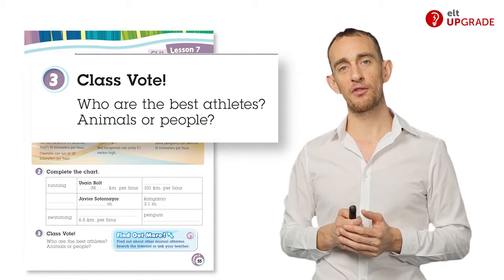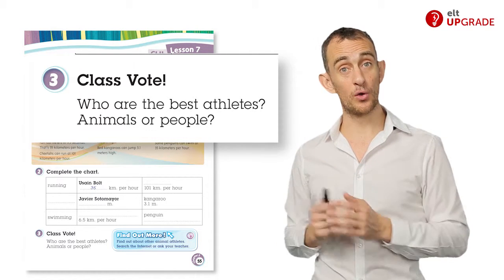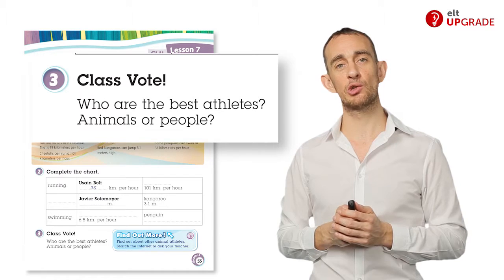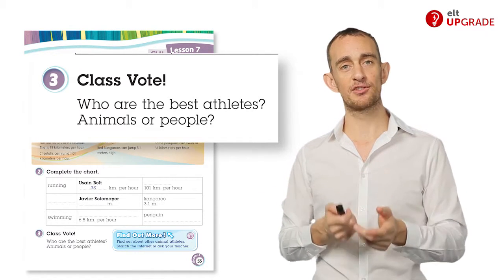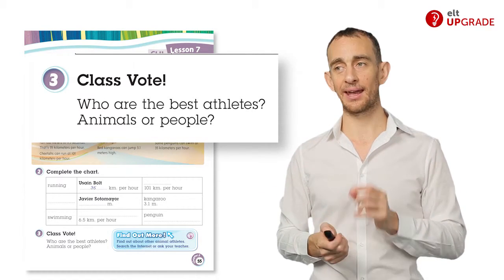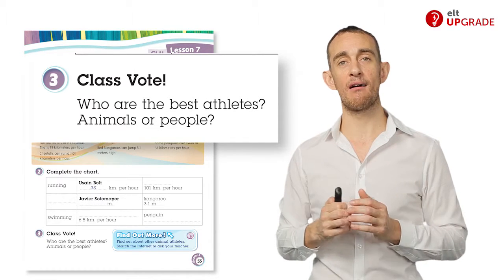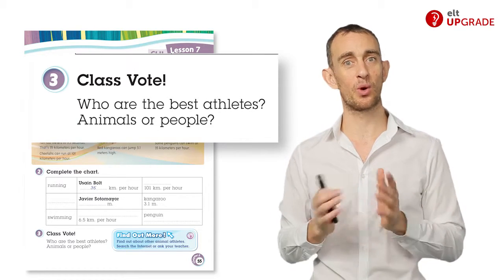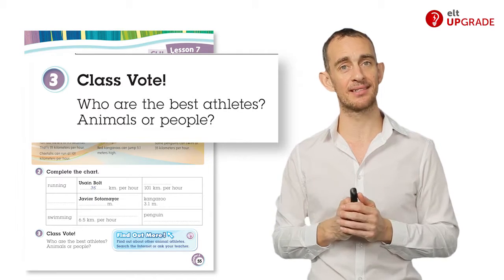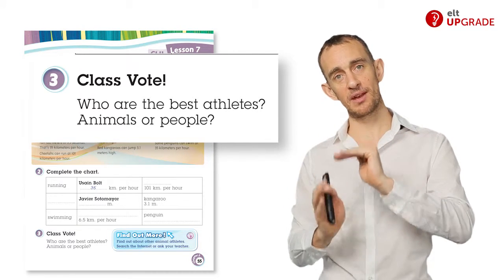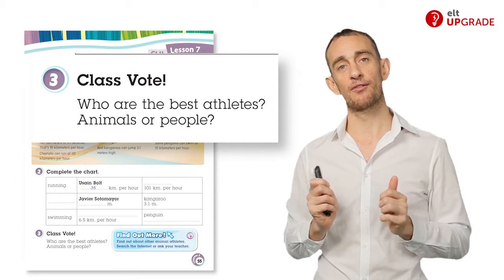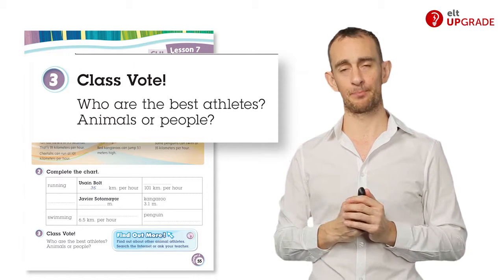So here we have a class vote. Okay, so here the students as a class have to vote on whether they think animals or humans are better athletes. Which ones are better athletes? Based on maybe the information that they collected from their CLIL planner.